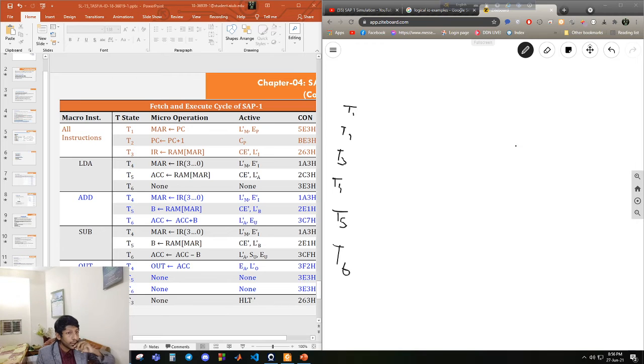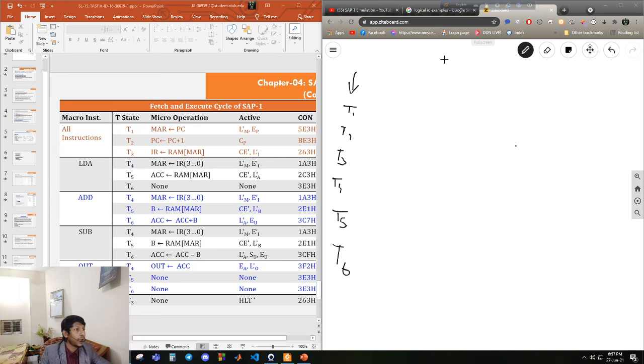As we can see, there are 6 steps to execute the SAP. The first 3 steps are the same for all kinds of operation. The rest, 4, 5, 6, differ by operation. You can see I already drew the 6 steps here.